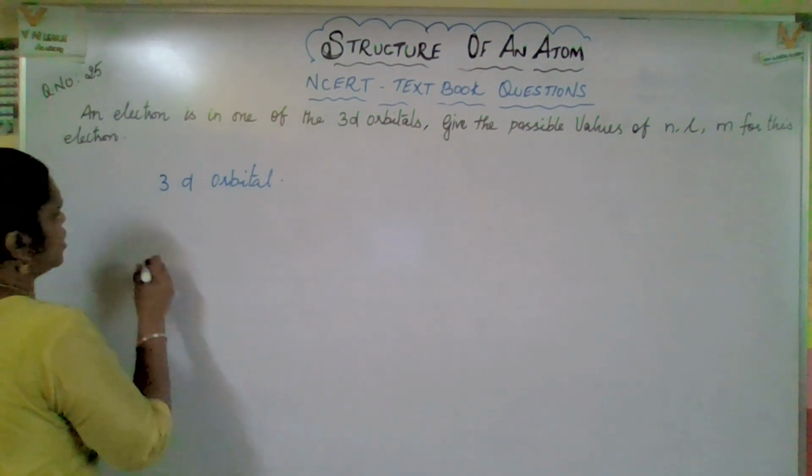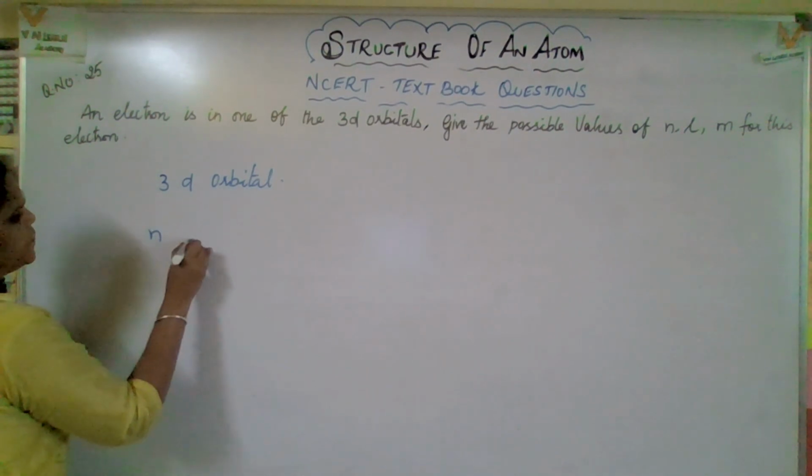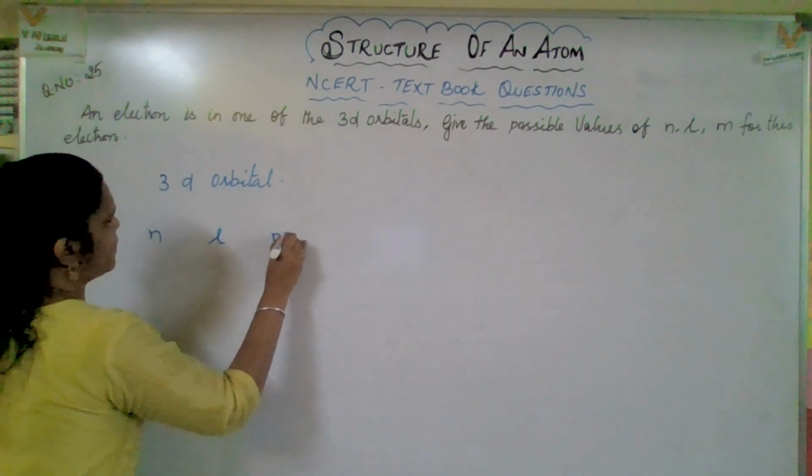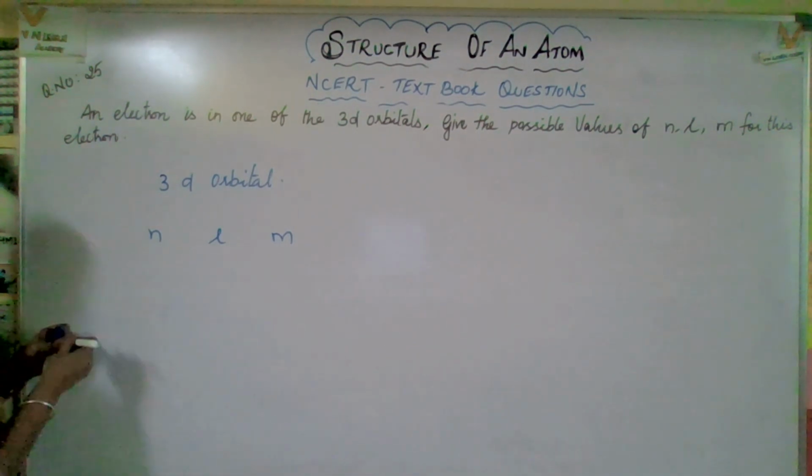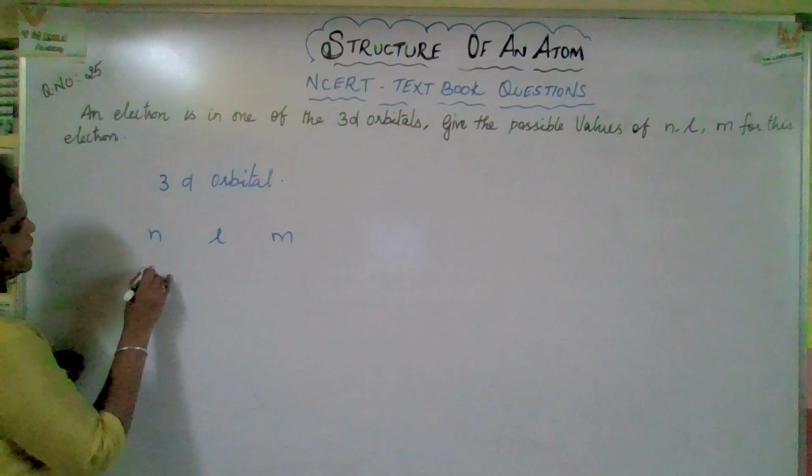So 3D orbitals means n, L, and m. n is 3.